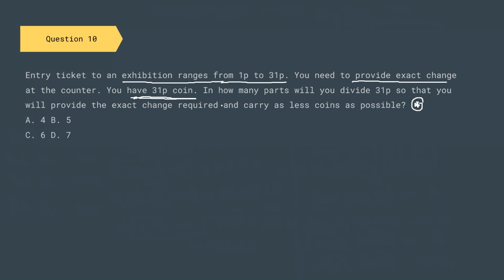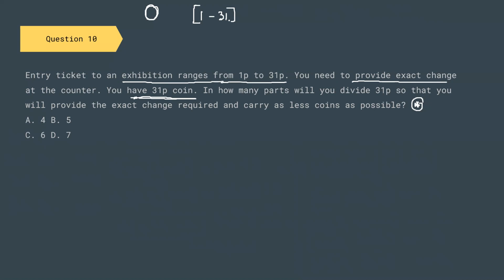So let us first understand the question. There is an exhibition, and the entry fee can be anything in the range of 1 to 31 paisa. It can be 1 paisa, 2 paisa, 3 paisa, 4 paisa, 5 paisa, 6 paisa, and so on.